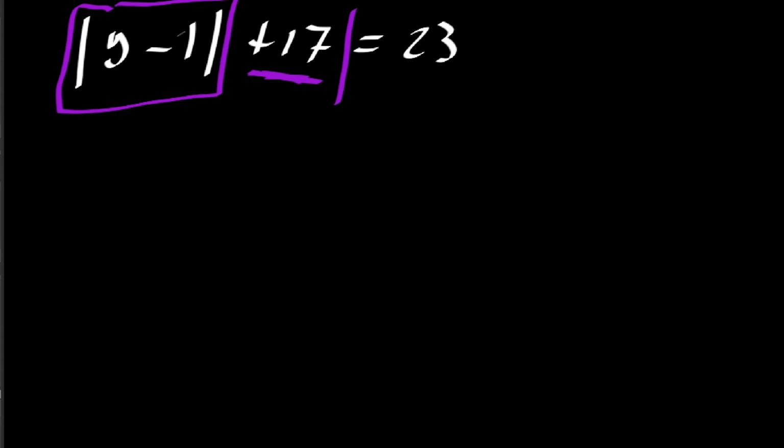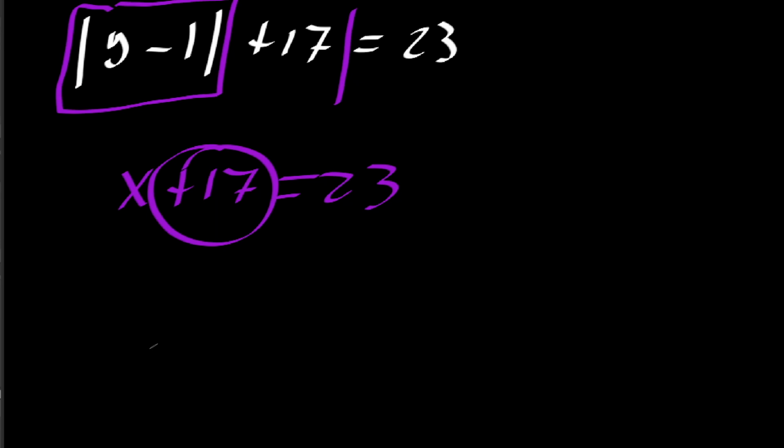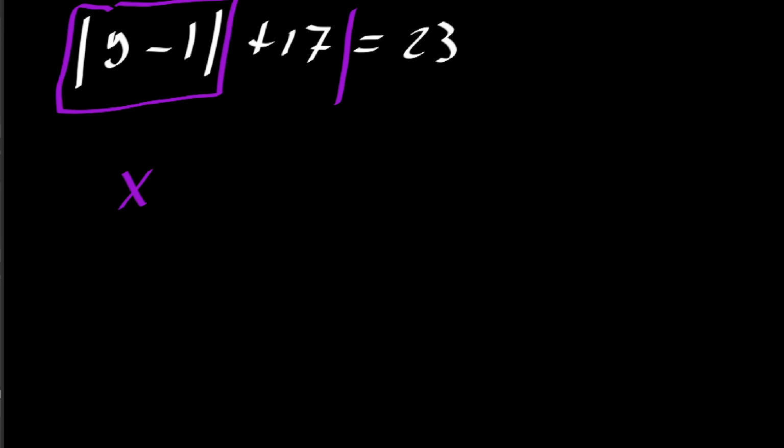So we need to get rid of plus 17. If we were just solving an equation and it said x plus 17 equals 23, how would we get rid of that plus 17? We would subtract it, right? So we're going to do that same exact thing here. You treat this absolute value like it's one whole piece, and you just subtract 17 on both sides.